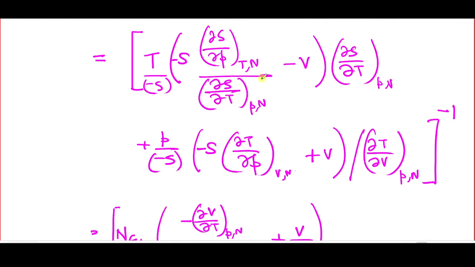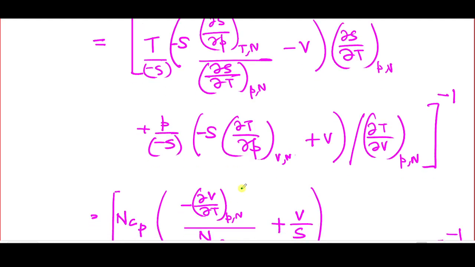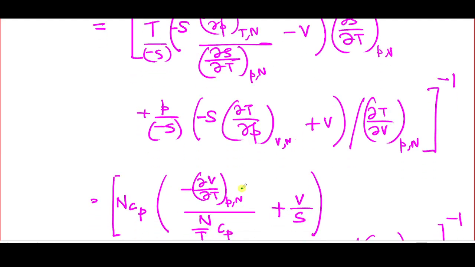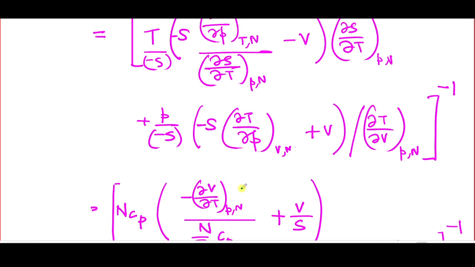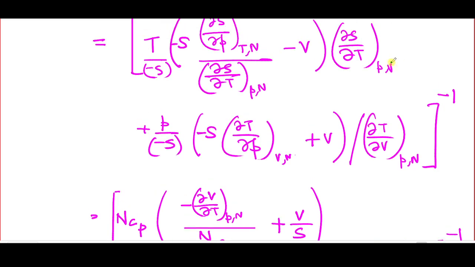Del S del P at constant T, N, we have already seen this just a while ago, is minus del V del T at constant P, N. So we plug that in. This T del S del T at constant P, N is actually small cp times capital N. So we write that. We have brought this minus S in, so we cancel this. This becomes plus V by S.